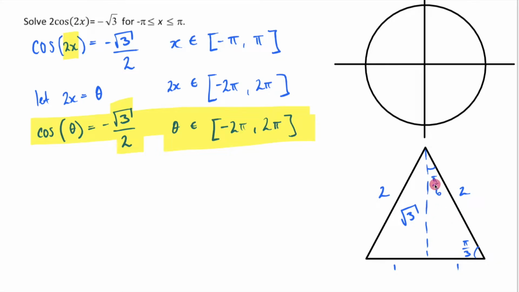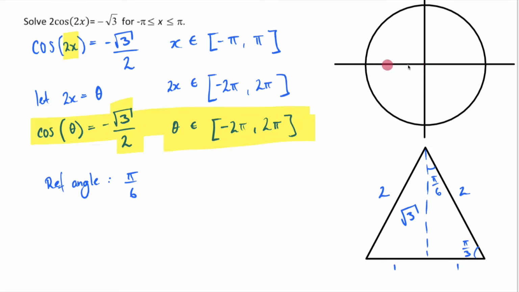But what if I did cos of pi on 6? Well, adjacent would be square root of 3 and hypotenuse would be 2, so it's going to work. So that tells me that my reference angle is going to be pi on 6.